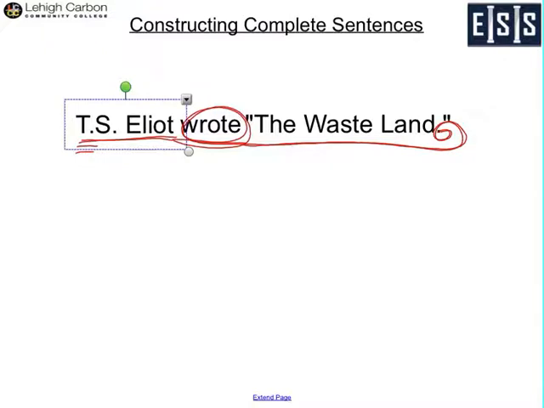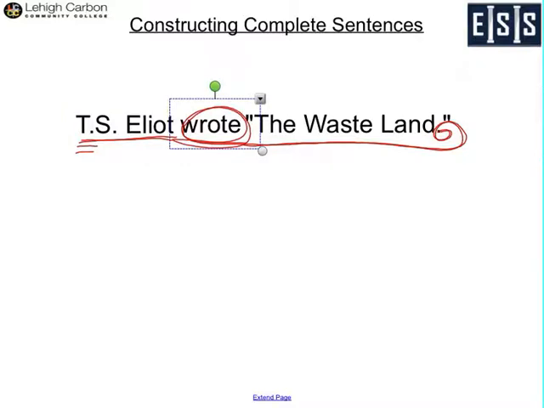For example, if we take out T.S. Eliot, we end up with "wrote The Wasteland," which is pretty dramatic, but doesn't make a whole lot of sense. It's just sort of an action with no actor. There's no one writing, it's just sort of being written. We need that T.S. Eliot in there to make that make sense.